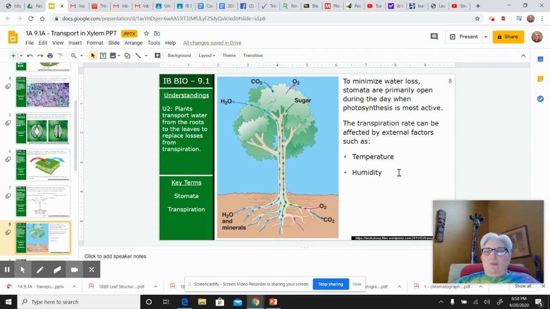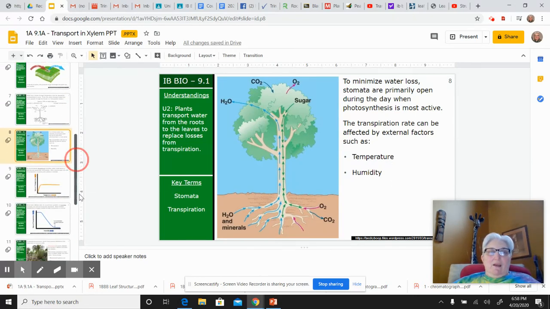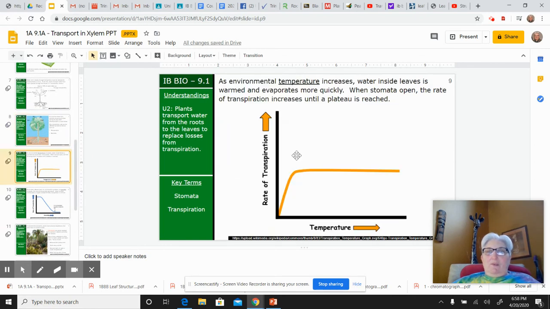Now, there are two things that we look at that affect transpiration rate. One increases the rate of transpiration, that's temperature, and one decreases the rate of transpiration, which is humidity. If we're looking at these in an experimental fashion, here we see our rate of transpiration, and on the x-axis, we have our temperature.